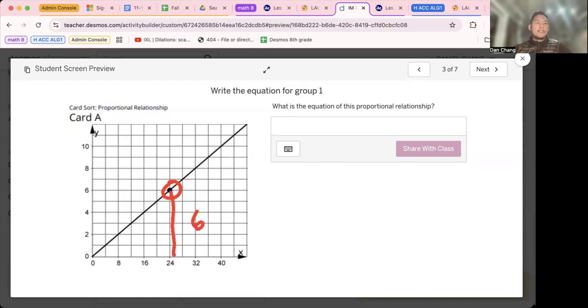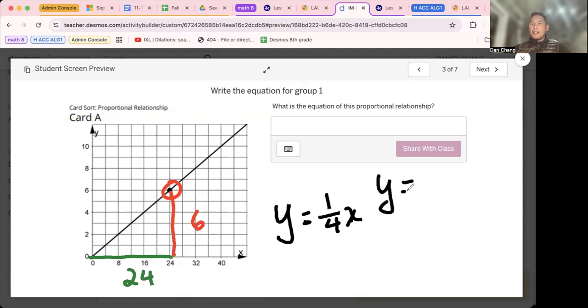This is 6. This is 24. You know that that is 1/4. So the way to write your equation is y equals 1/4 x. And if you want to use a decimal, you can do y equals 0.25x.